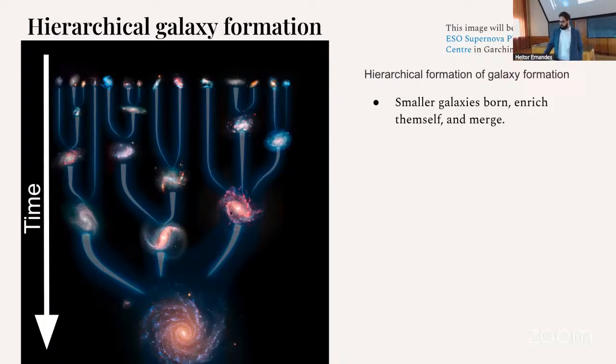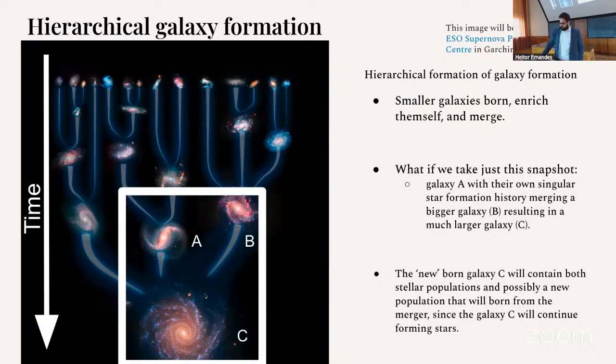But it's important to highlight that these small galaxies also have their own star formation history. They form stars at their own pace, and they enrich their environment before merging into a bigger galaxy. So we have galaxy A that forms stars and has its own peculiarities and enrichment, with its reservoir of gas and so on, and galaxy B that also has its own history.